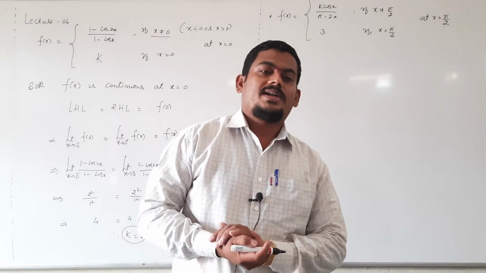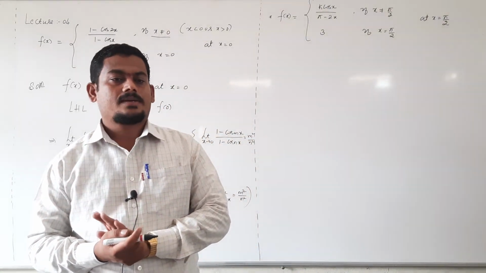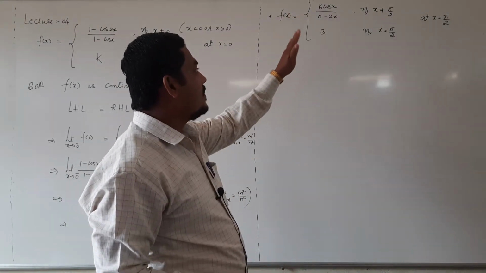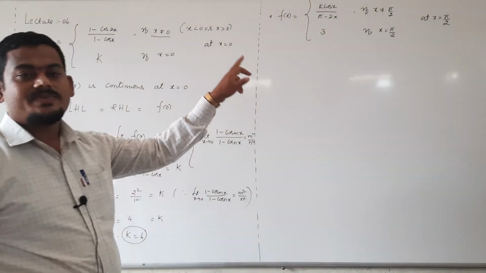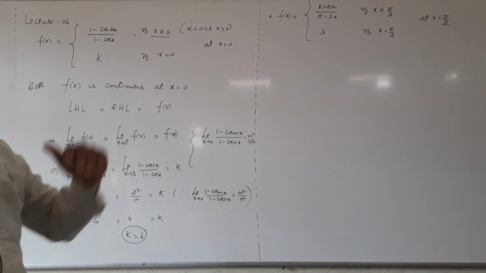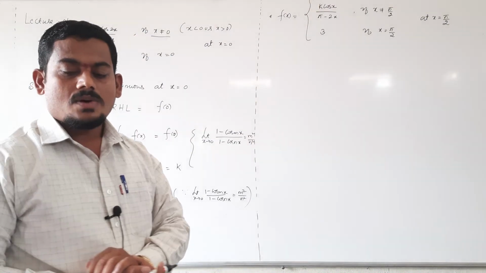It is a very important 4 mark question, right? f of x equal to k cos x divided by pi minus 2x if x value not equal to pi by 2, 3 when x is equal to pi by 2, is continuous at x equal to pi by 2.